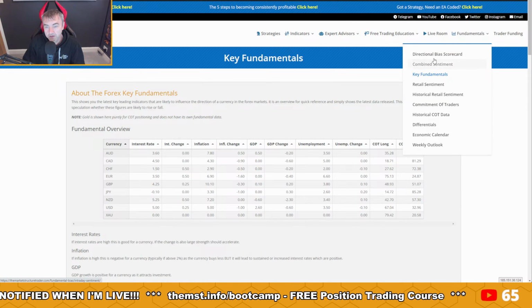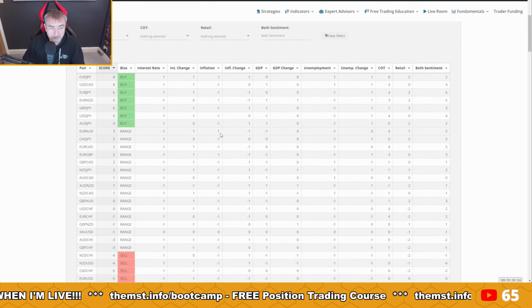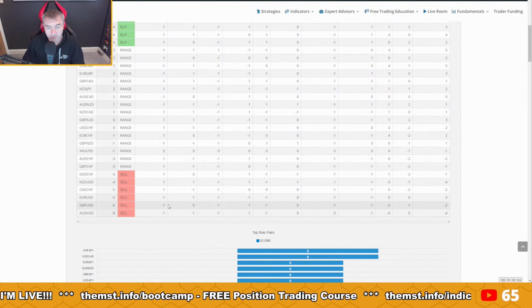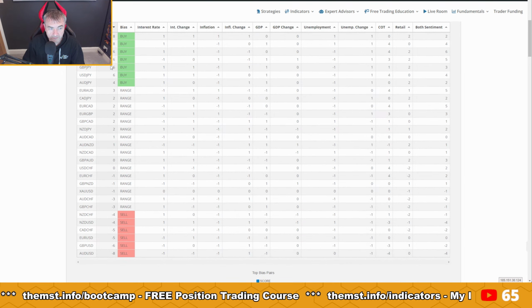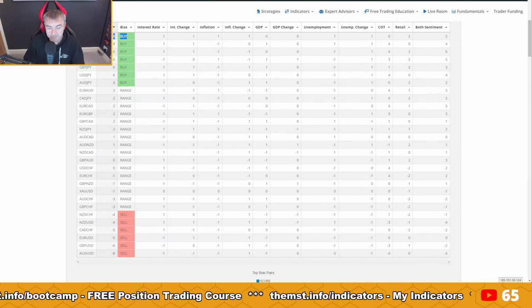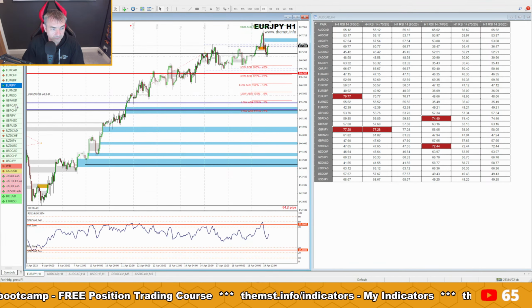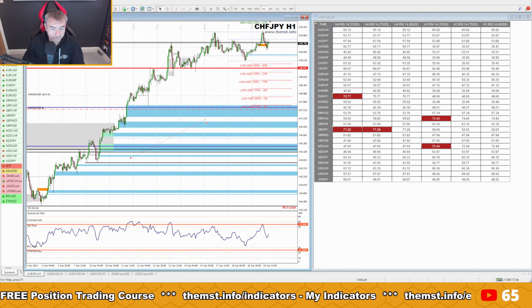So looking at the current scorecard, there's still nothing that is a massive buy or massive sell. Aussie US is the strongest sell at the moment, and the Swiss yen is the strongest buy at the moment. Has been for a while. Obviously, we can see that because Swiss yen's been going through the roof.